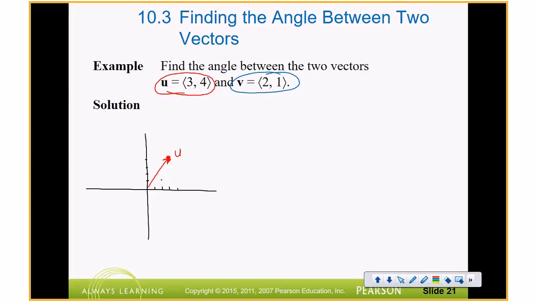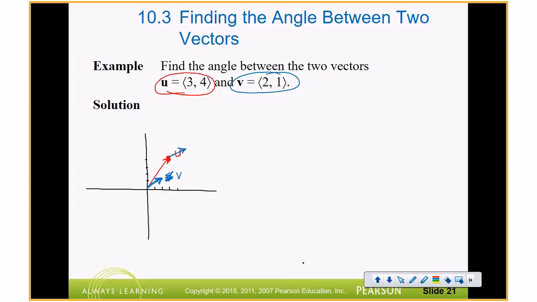Two and 1. So it looks something like that. Now, you put this one to this one. It seems like to me, they're doing this right. I guess that means something like that, if you decide to get it tail to tail. But we'll go ahead and just do what we do.